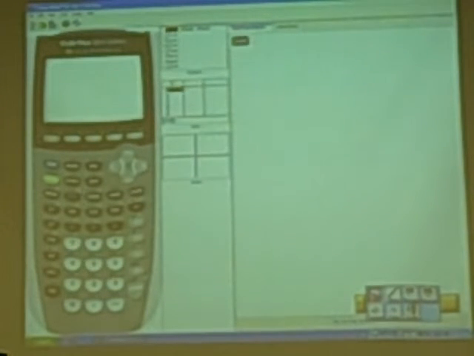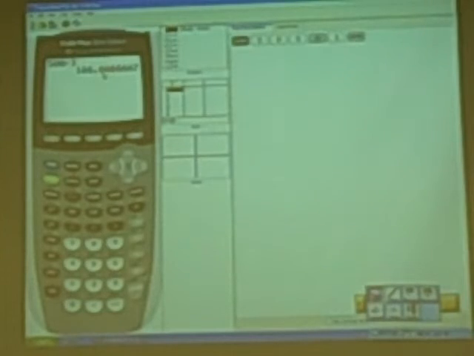So we said that was 500 divided by 3, and we get 166.6666, so we're going to round that to the nearest tenth.